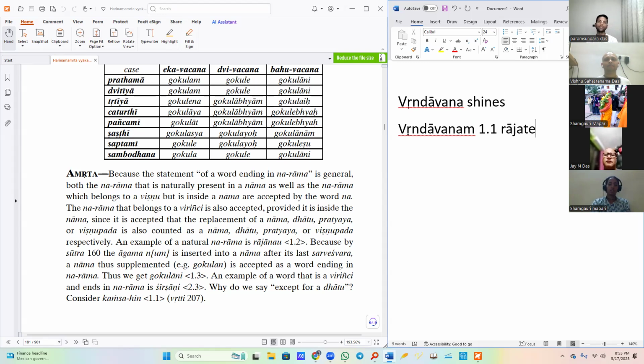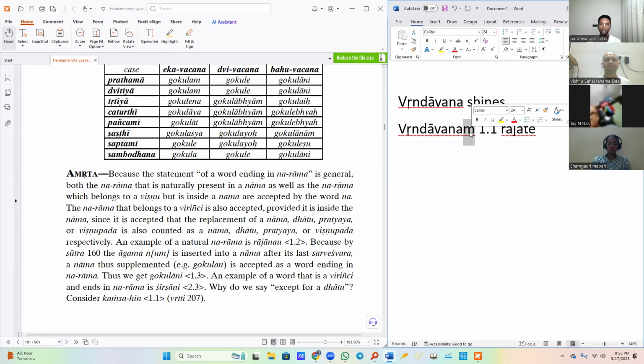Vrindavanam Rajate. Because when I began studying these words, especially the Brahmalinga Shabdas, 1.1 ending with -m, I was personally confused, because earlier when we saw Krishnam, that was 2.1, object, and now 1.1 is ending with -m. So for me it was a bit confusing.